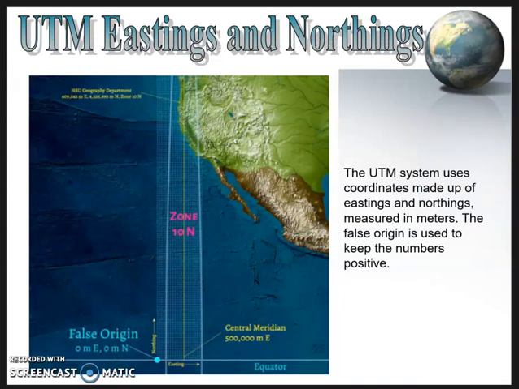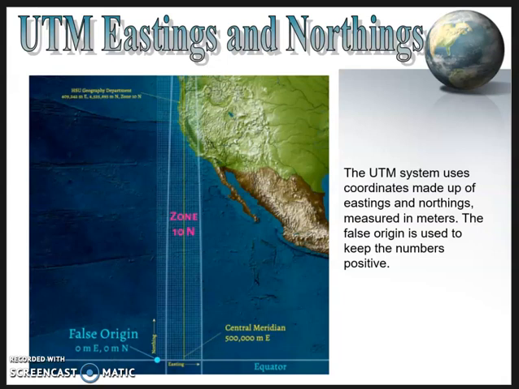The UTM system ensures that all coordinates in the system are positive numbers using a system of eastings and northings. You can think of it as forcing all coordinates into the first quadrant of the Cartesian coordinate system. The UTM system accomplishes this by designating an arbitrary point of origin for the x-axis and y-axis to the southwest of each zone. An easting is the x-axis coordinate measured in meters east of the origin.